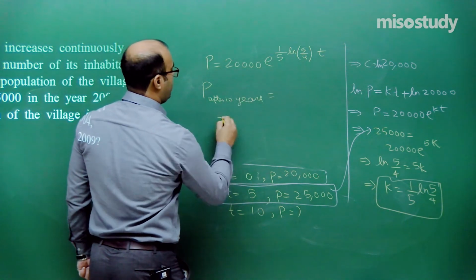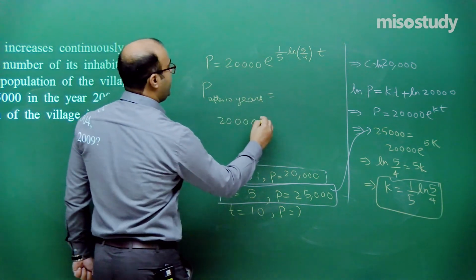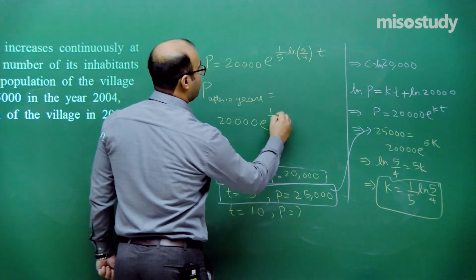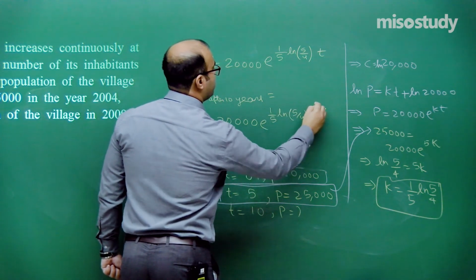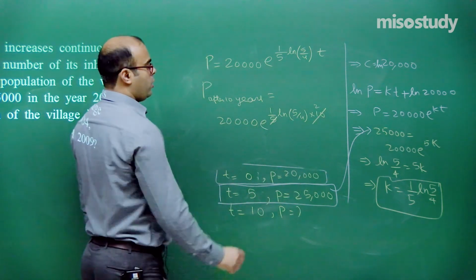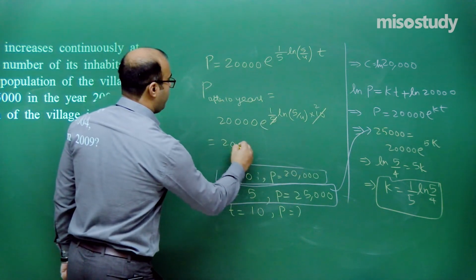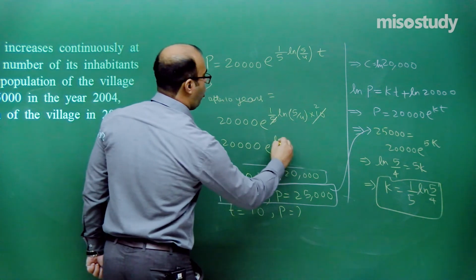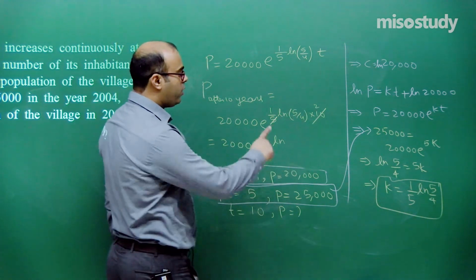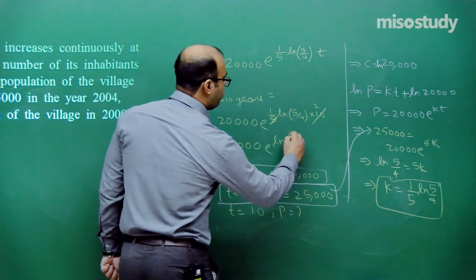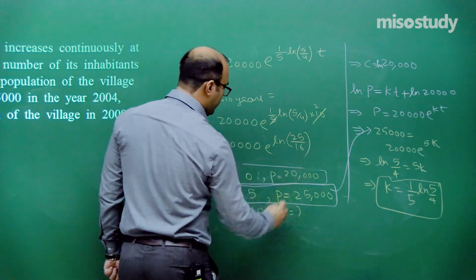We will get 20,000 e to the power 1 by 5 log of 5 by 4 into 10. This will divide and give you 2. You can write 20,000 here, e to the power 2 log of 5 by 4, the 2 becomes the power inside the log. So it will become 25 by 16.